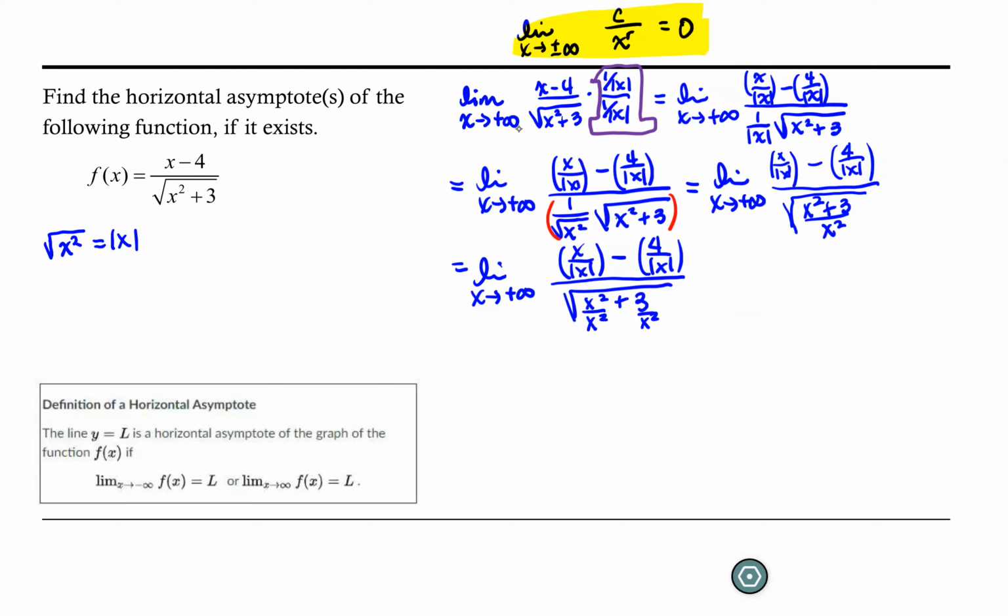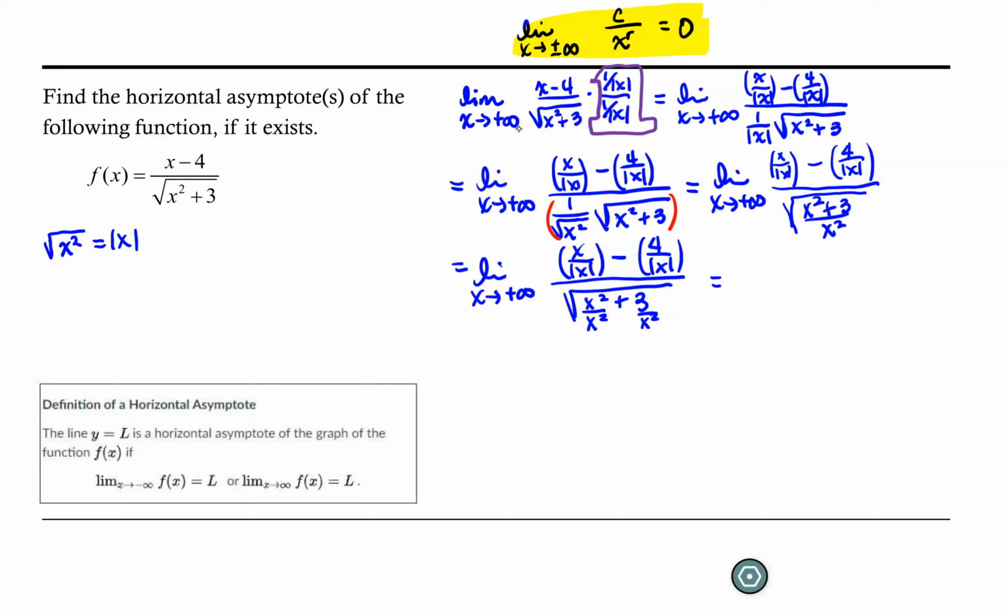This x squared is basically a common denominator for the numerator x squared and 3. So we're almost to a point where we can go ahead and take our limit. Let's see what we can do about simplifying.